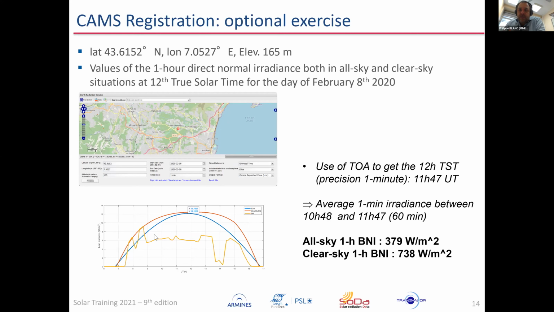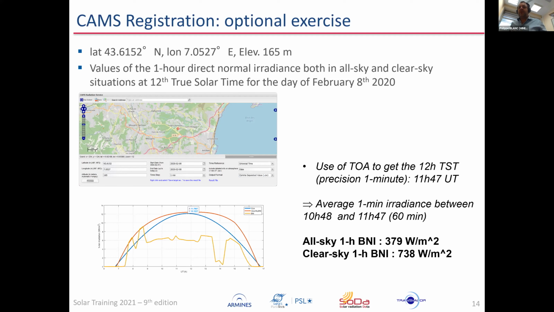And this is the blue line here. In that way, you are sure that if you locate the maximum value at this point, it is 12 true solar time. And if you look at this, it corresponds, in universal time, to 11 hours 47 minutes.